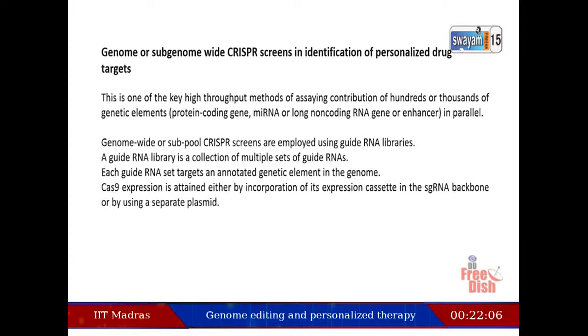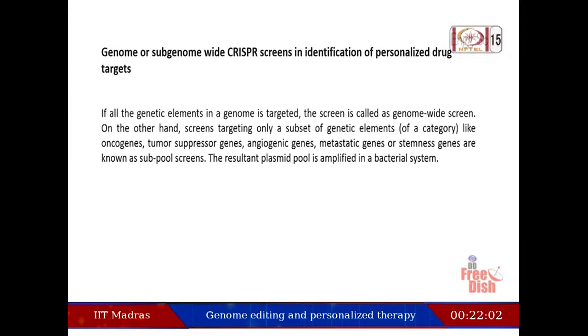Cas9 expression is attained either by incorporation of its expression cassette in the sgRNA backbone or by using a separate plasmid. If all the genetic elements in a genome are targeted, the screen is called a genome-wide screen. On the other hand, screens targeting only a subset of genetic elements like oncogenes, tumor suppressor genes, angiogenic genes, metastatic genes or stemness genes are known as subpool screens.